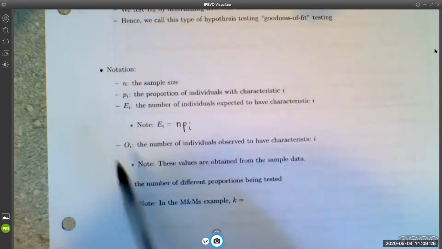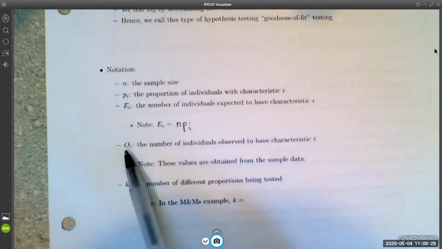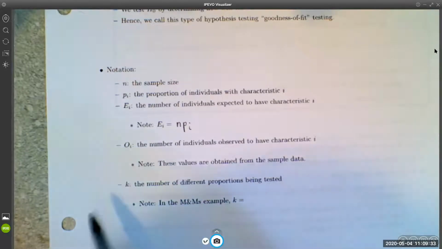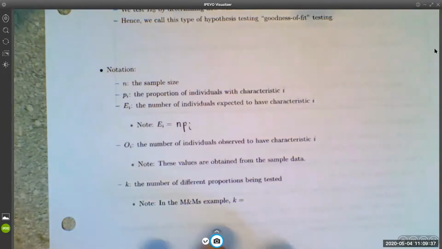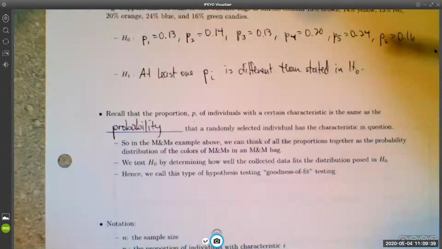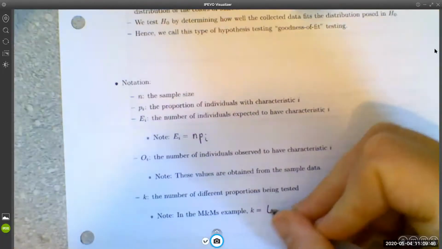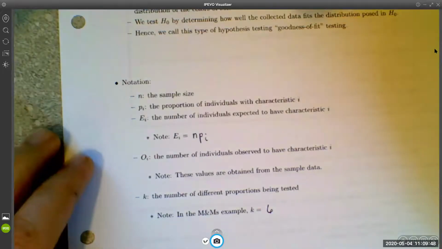You can't calculate O sub i. That has to be given to you. That comes from the data itself. And then K is the number of different proportions that we're testing. So in the M&M's example, K would be 6 because we're testing 6 different proportions.